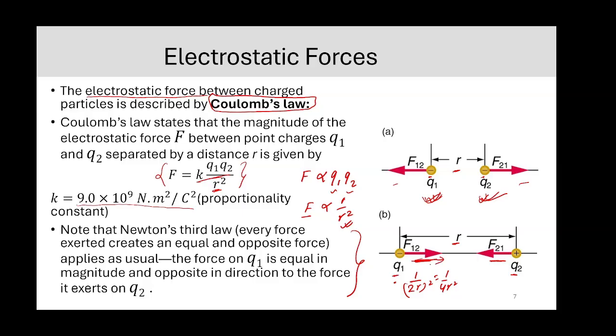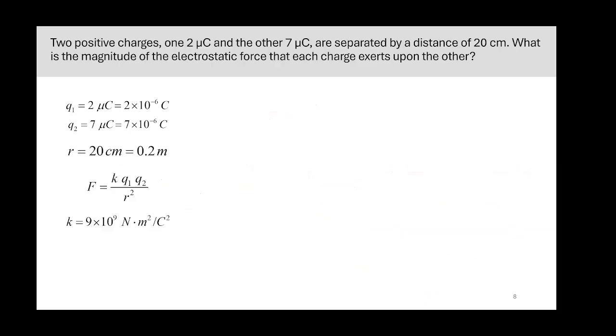So this force is going towards the right and this force is going toward the left. They are equal and opposite, and that means Newton's third law holds true for Coulomb's law as well. Now let's look at an example.